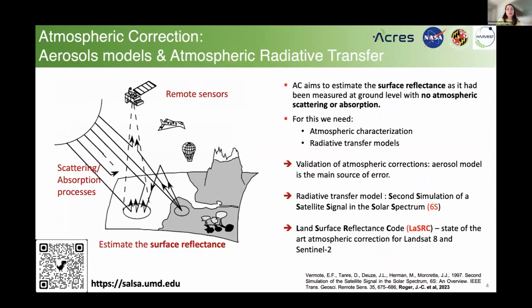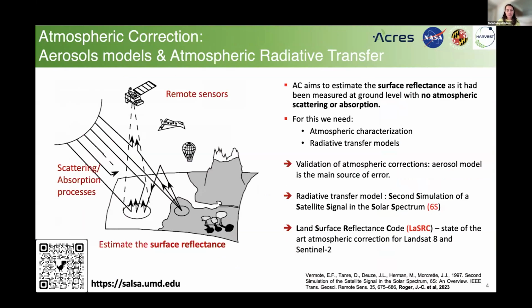Very quickly, the first step before creating a yield model, if we want to use satellite data and especially optical data, is to correct the signal from the satellite for all the scattering and absorption effects due to the atmospheric component.